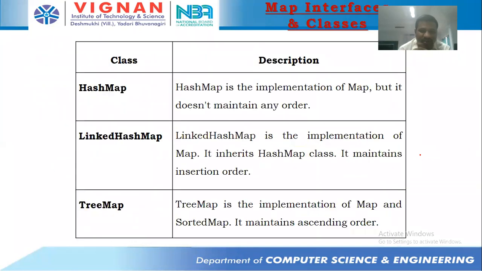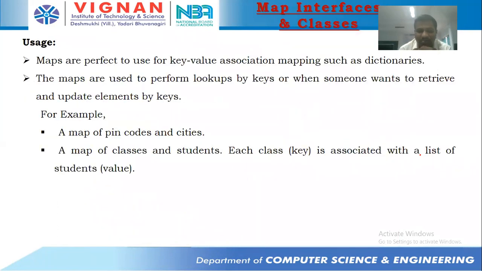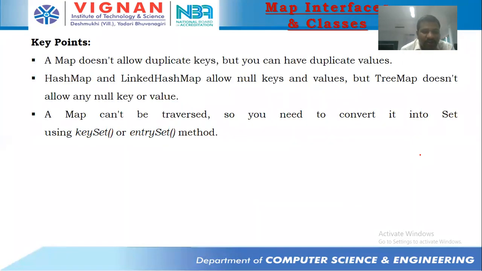The difference is that HashMap doesn't maintain any order. LinkedHashMap maintains an order. And TreeMap is implemented from SortedMap, so the elements in TreeMap must be in ascending order, meaning the least element is placed first.